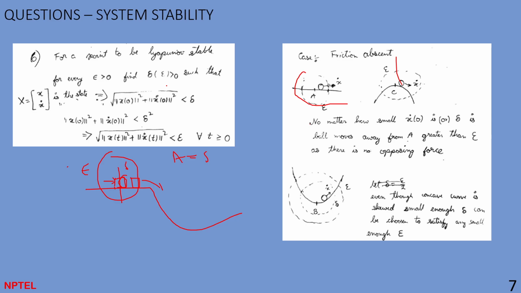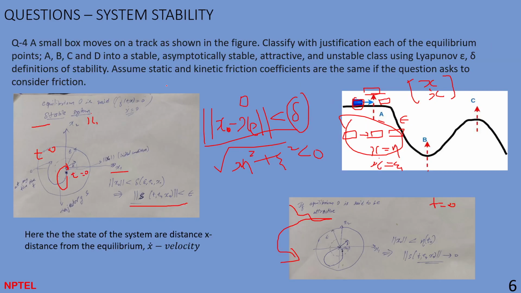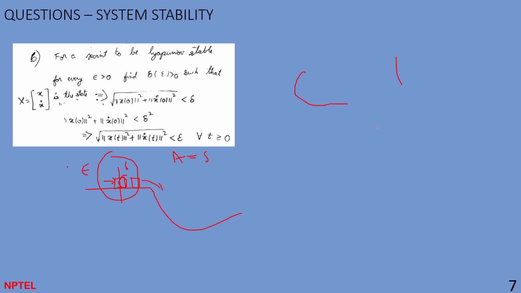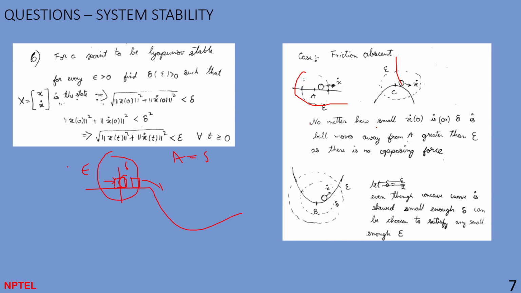A is a stable condition when there is friction. When there is friction, we say that the condition is stable, because if you give a push, due to friction, it will stop here. So the first case is friction is absent. No matter how small the push is, if there is friction, it will stop somewhere here.